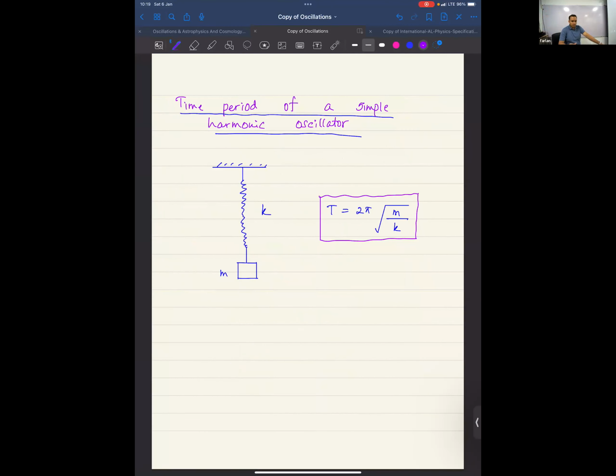Right. Then the next subtopic, time period of a simple harmonic oscillator.